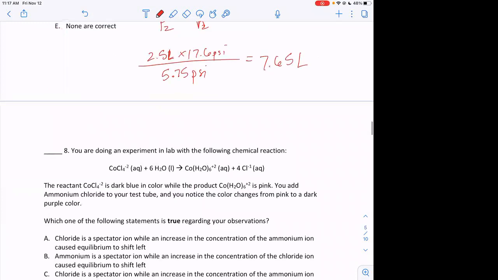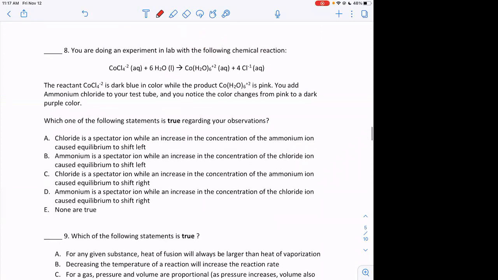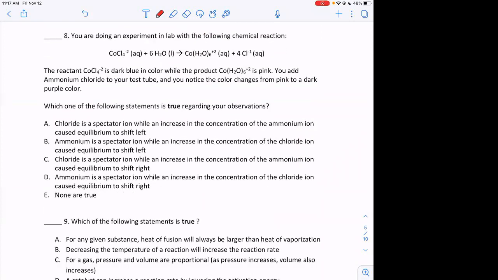Next one. Okay, this was right out of your lab. Says you're doing an experiment in lab with the following chemical reaction. Same reaction from our Le Chatelier's lab, the experiment that turned blue and pink and purple. Did the hot bath and the cold bath. So there's the reaction with the cobalt chloride and the water.